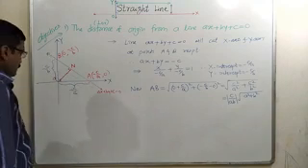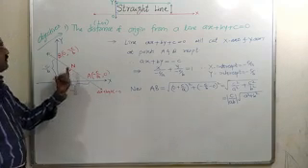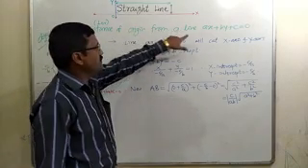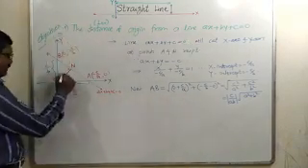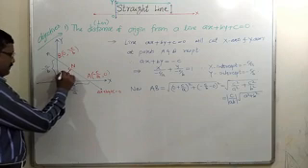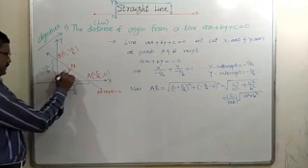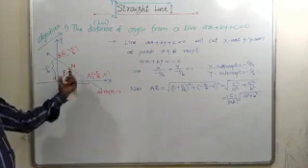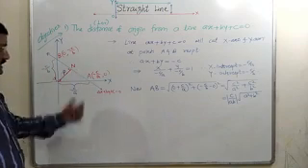Now this is distance AB. So our main intention here is to find the distance of origin from the line. Let that distance be p. If p is the perpendicular distance of origin from this line, then this ON will be p, that is to find here.